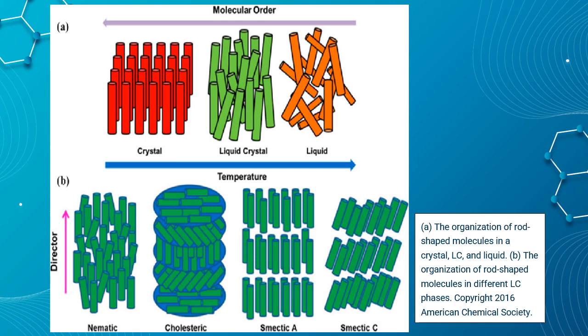And the second part shows the organization of rod-shaped molecules in different liquid crystal phases. As the temperature increases, we move from left to right, and the director's direction is shown here. The first phase is nematic, and then we have cholesteric, and then we have smectic A and smectic C.